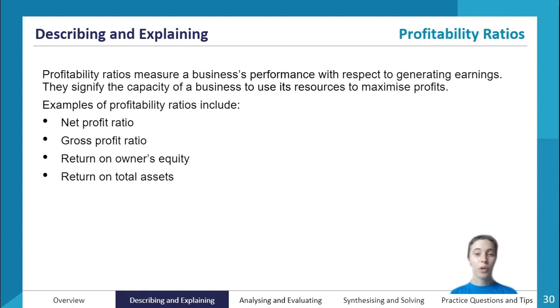Something that's important for you to know in Year 12, both now and moving forward in your external exam and your other pieces of assessment, are the ratios. You need to be able to calculate ratios, understand what each of the ratios is, and also be able to analyze and evaluate as well.